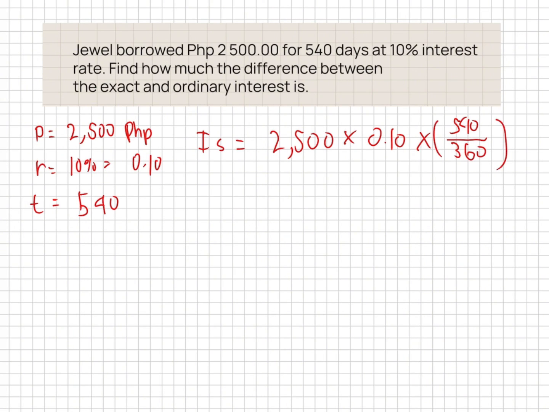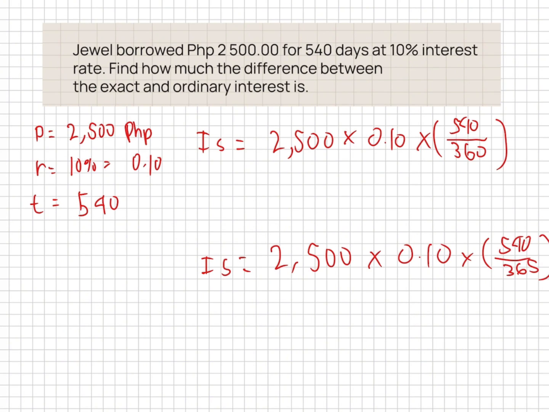For the exact interest, it would follow the same format, but our days would be 365. So 540 divided by 365.